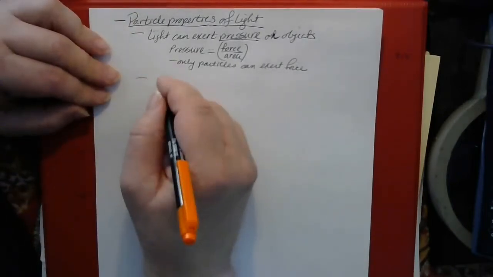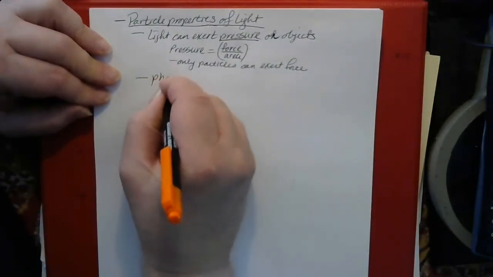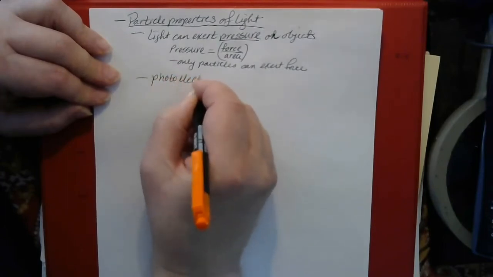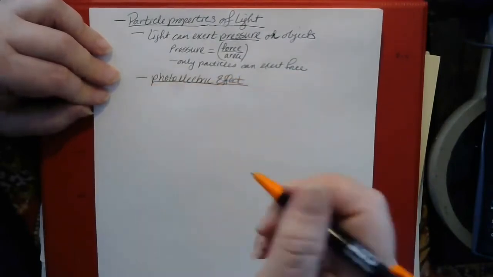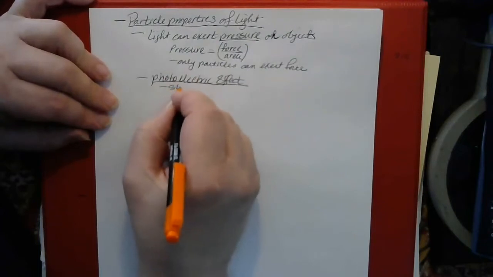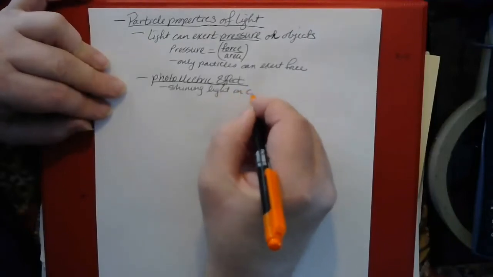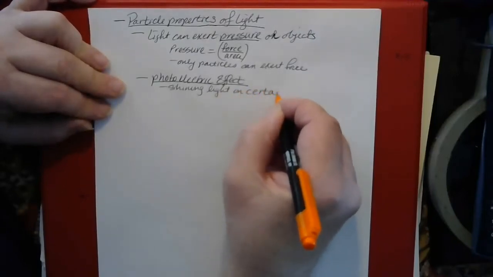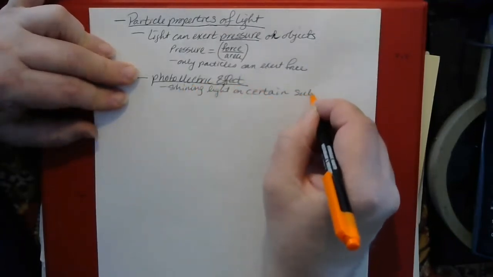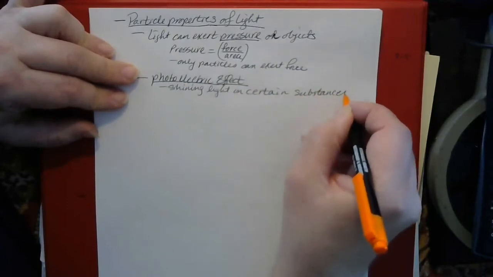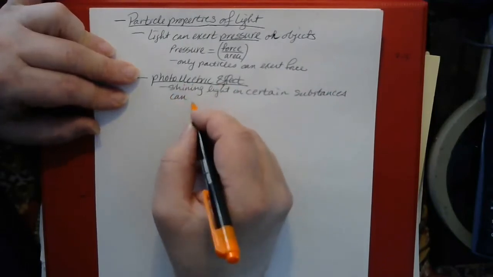Another thing that leads us in the direction of light being made up of particles would be the photoelectric effect. The photoelectric effect is seen when you shine light on certain substances, and those substances then release electrons.